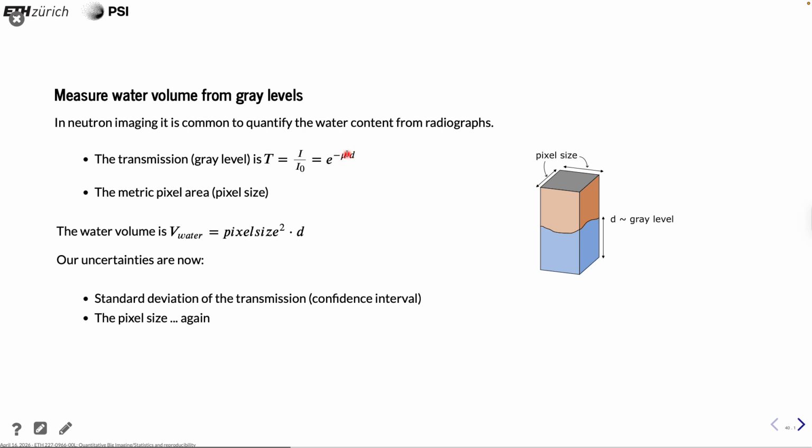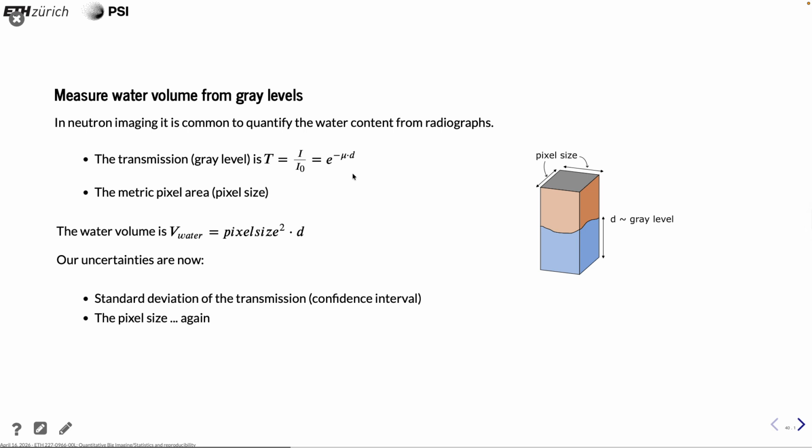So we need to know some attenuation coefficient, and then we have to do a couple of measurements of the reference image and the one with the sample. Then we have a metric pixel area, which is essentially based on the pixel size. So the volume of water that we want to compute is the pixel size squared times this d.